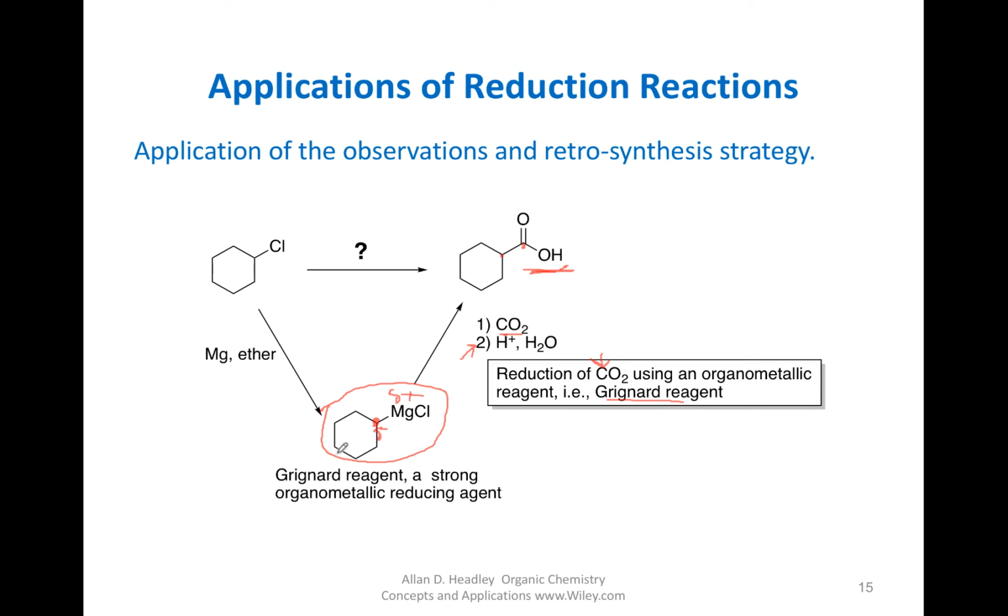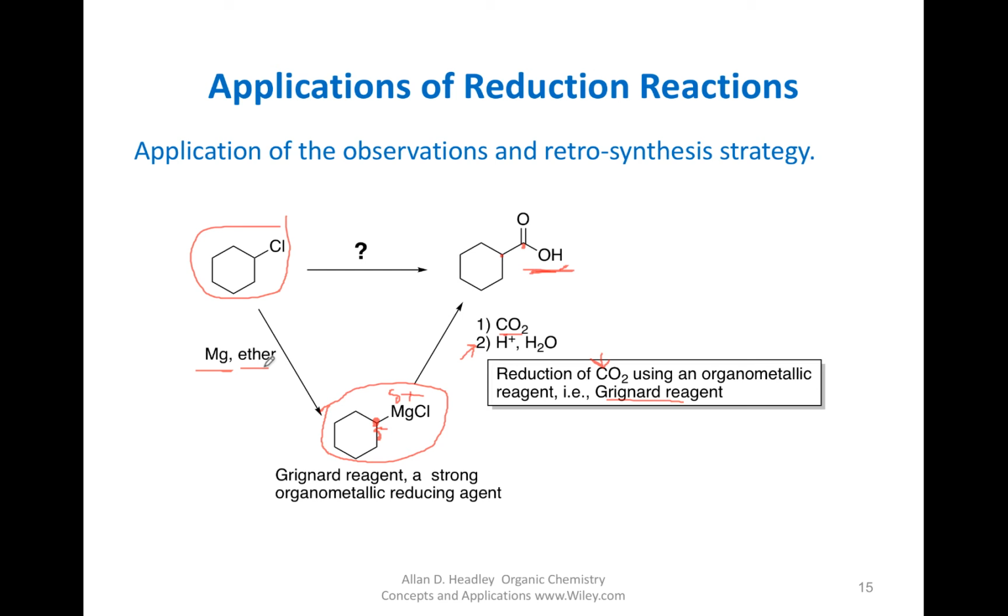But this is not our starting material. Our starting material is an organohalide. We know that we can make a Grignard reagent from an organohalide by mixing it with magnesium in the presence of a solvent. The solvent is typically diethyl ether.